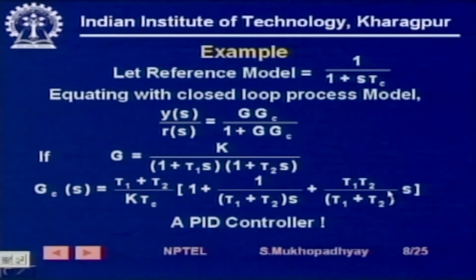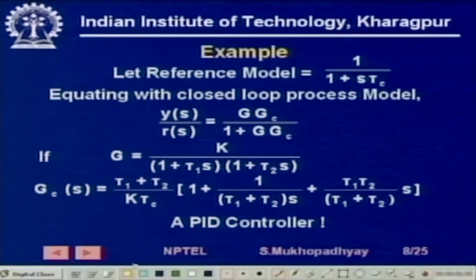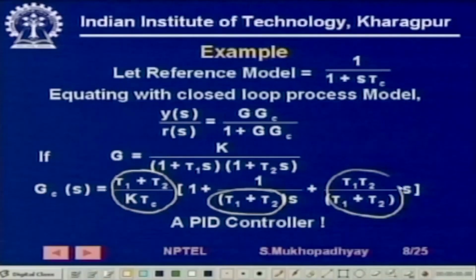So now you can immediately see that this becomes your Kp, this becomes your Ti, and this becomes your Td, right. And very interestingly, we never said that we actually want a PID controller.